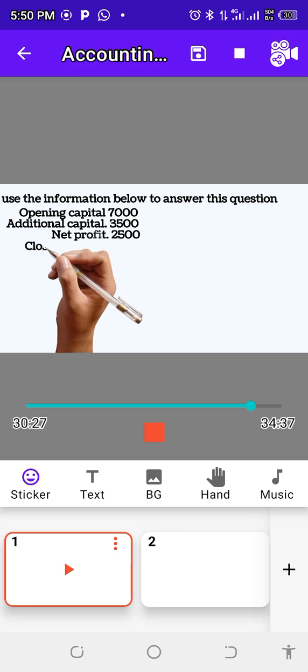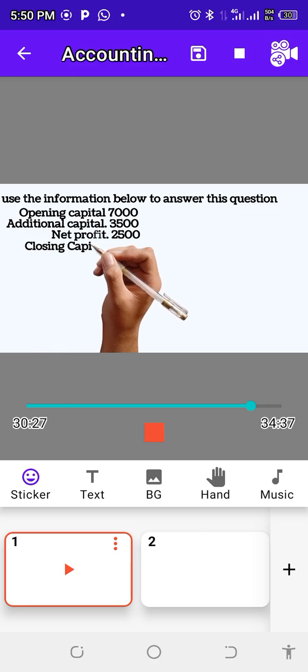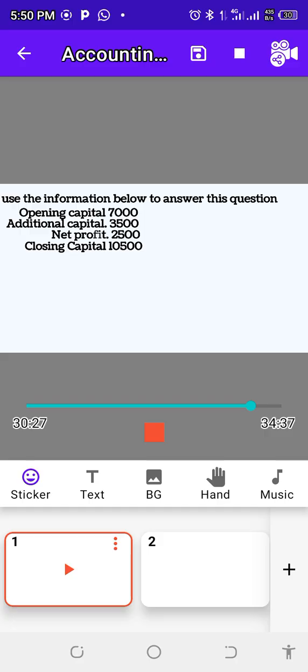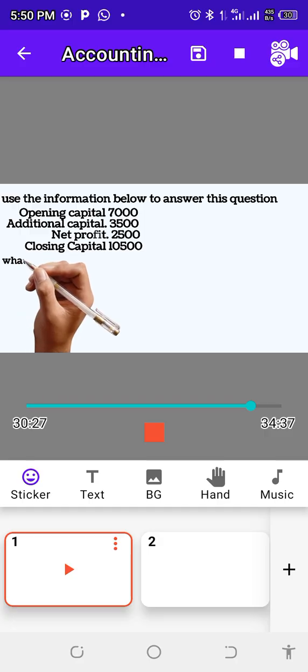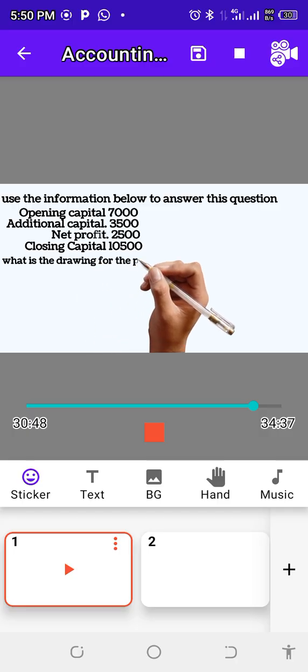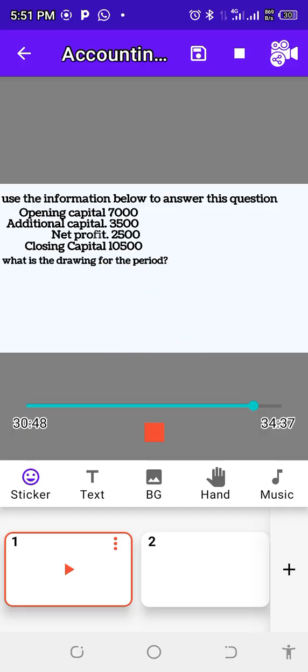Closing capital is 10,500. What is the drawing for the period? That is the question. Now, there's opening capital, there's closing capital, and there was a drawing, and the drawing is not known. So we are asked to find the drawing.